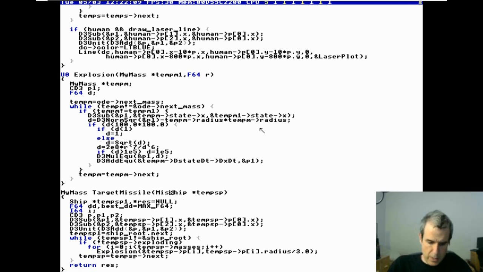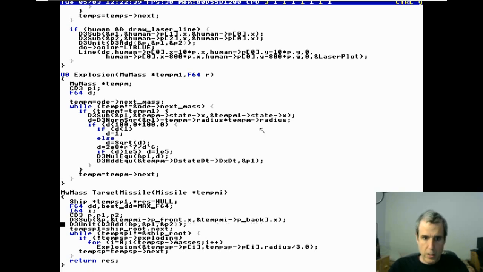Or is it? So now we want to subtract missile P front, missile P back. And we can say unit on that.